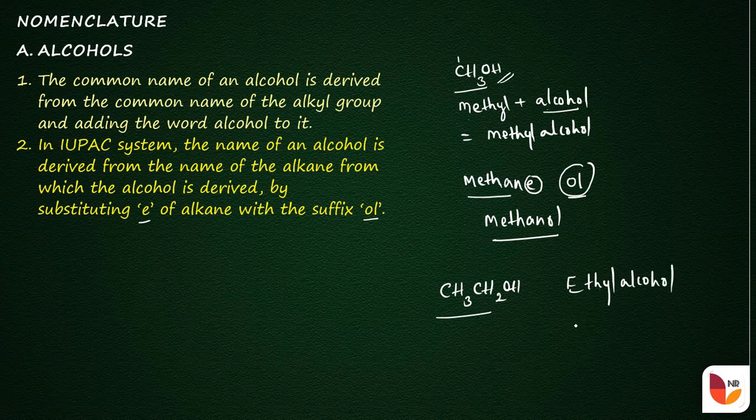In the IUPAC system, the number of carbon atoms is 2, and the numbering is done from the end which contains the functional group, here the OH group. The root word for two carbon atoms is eth, the nature of the carbon atoms is represented as ANE, and E is replaced by OL. So the name of CH3CH2OH is ethanol.